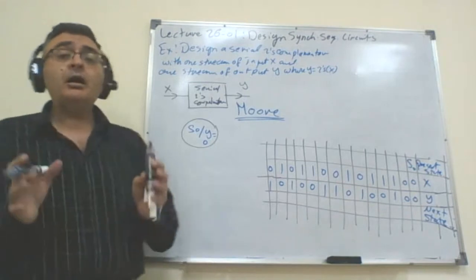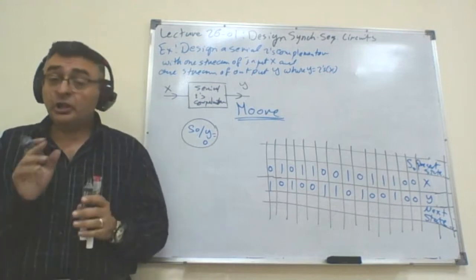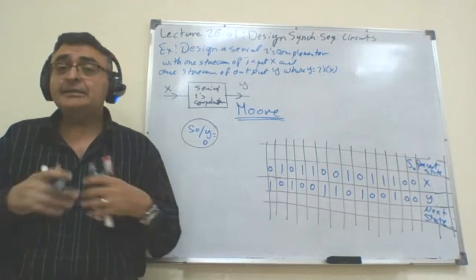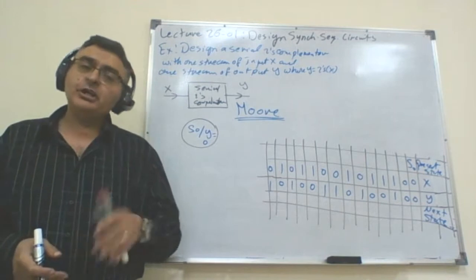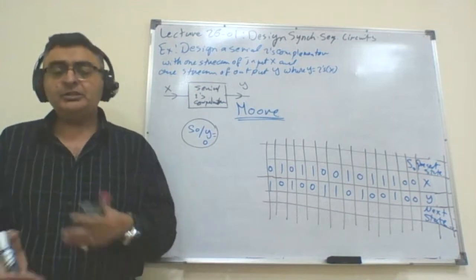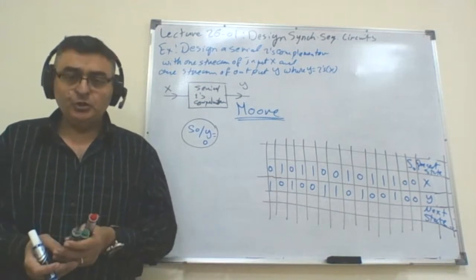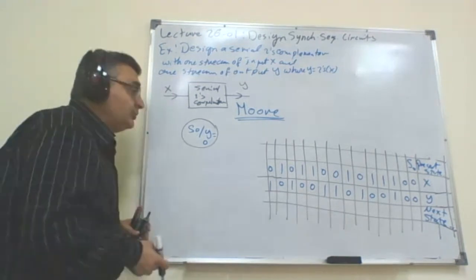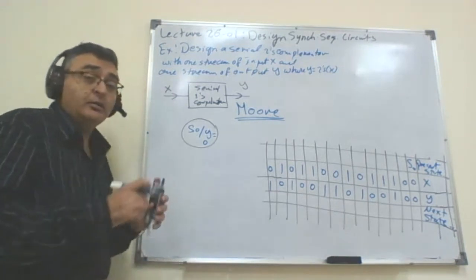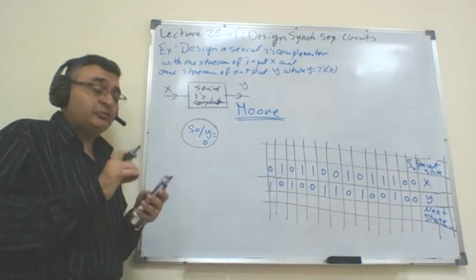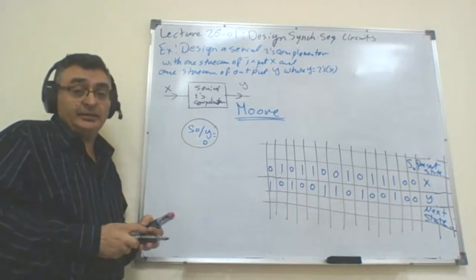My goal is not to create states needlessly, because as we agree, more states mean bigger circuits. So accordingly, I want to try my best to be conservative in the number of states that I'm creating.